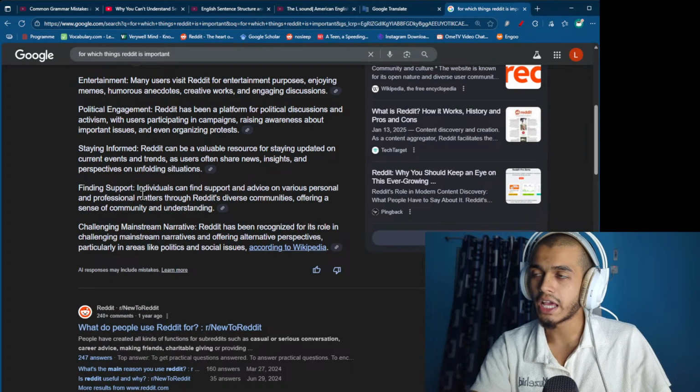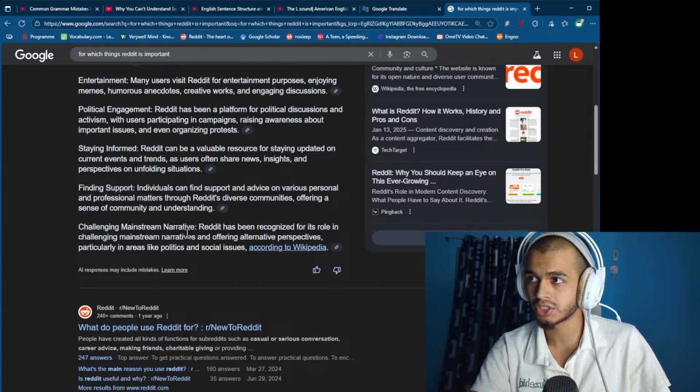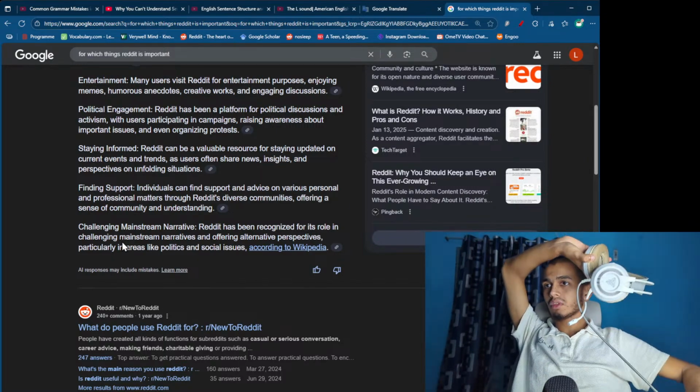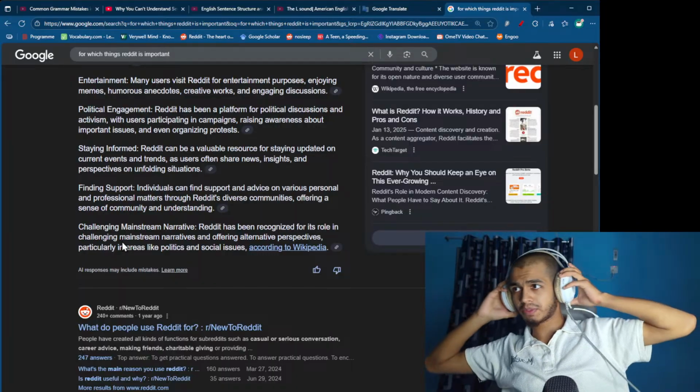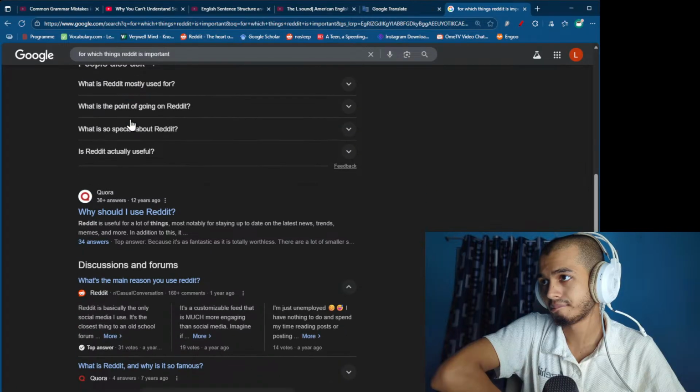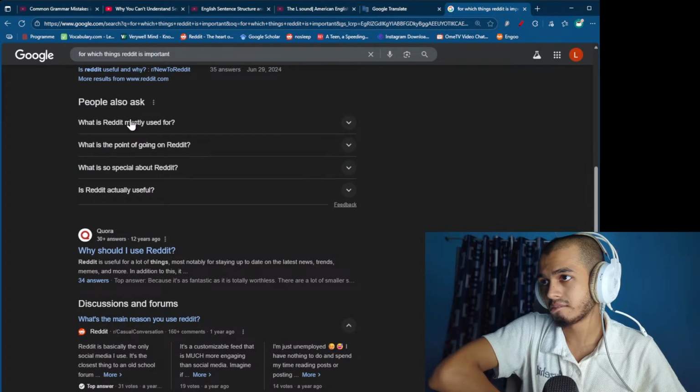Finding support: individuals can find support and advice on various personal and professional matters through Reddit's diverse communities, offering a sense of community and understanding. Challenging mainstream media narratives: Reddit has been recognized for its role in challenging mainstream narratives and offering alternative perspectives, particularly on social issues.